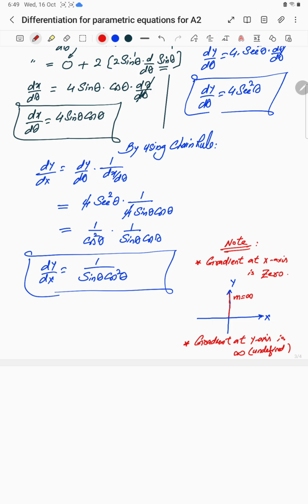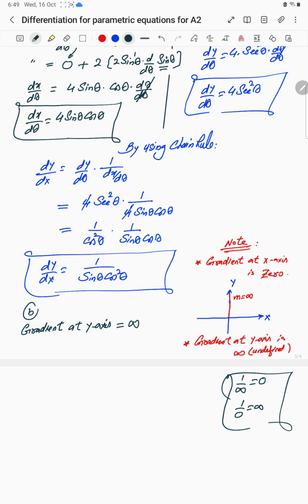As the line which we are going to find is parallel to the y-axis, for part b the gradient at y-axis is undefined. And you need to know also that 1 over undefined is 0 and 1 over 0 becomes undefined. Keep this in mind as well. You will get a math error if you go with it.